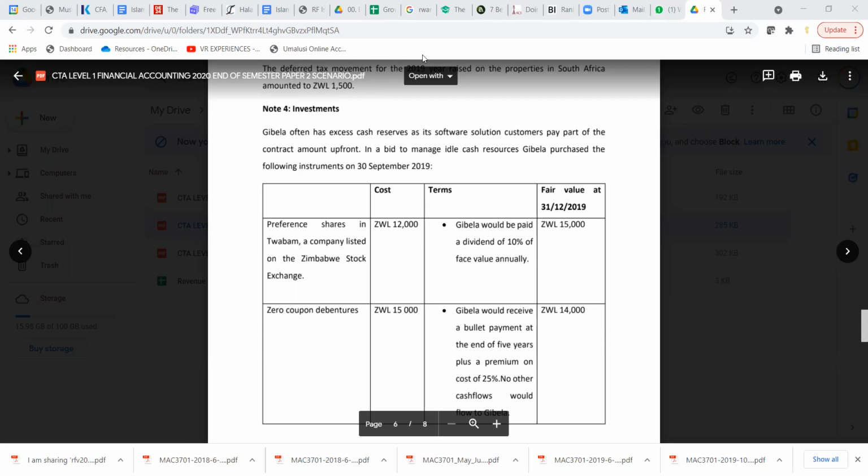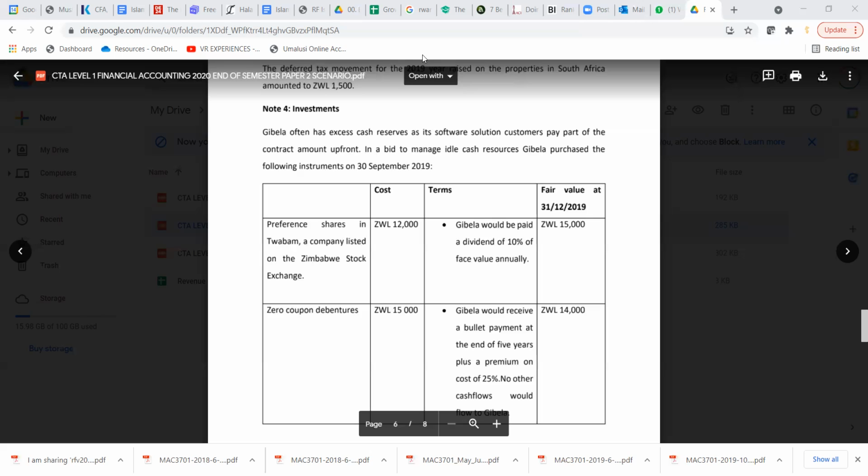So only if it meets those two criteria, hold an asset to collect contractual cash flows, and number two, the contractual cash flows represent only payments of interest and principal, then both criteria are met, and it will be amortized cost. If it does not meet those two, it can't be amortized cost.